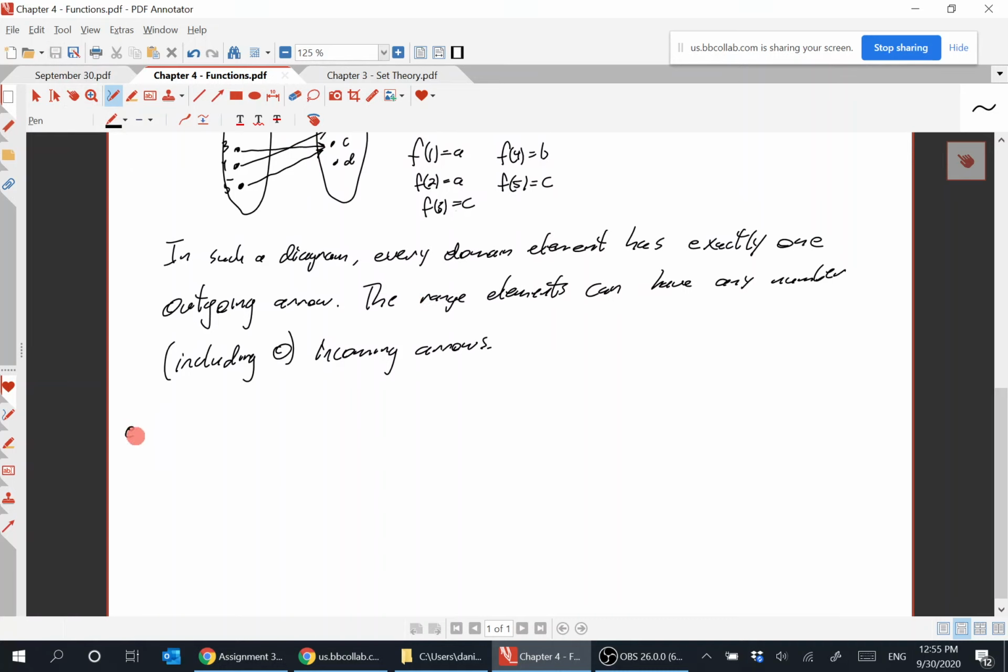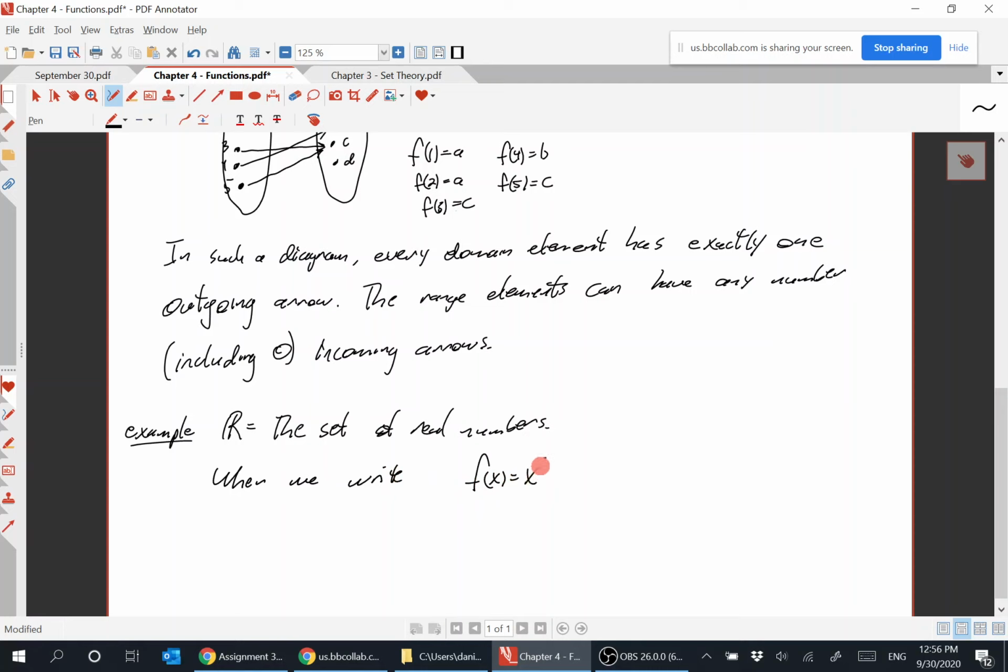Another example. All right, so R is the set of real numbers. When we write f of x equal to x squared plus 1, or f of x equal to cosine of x, or what else?